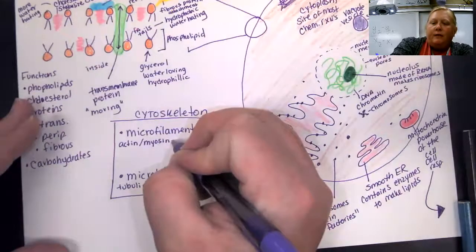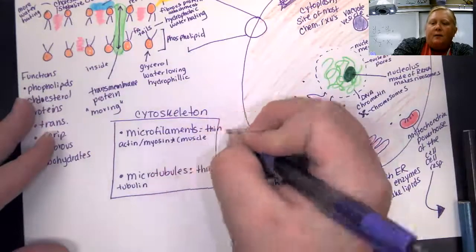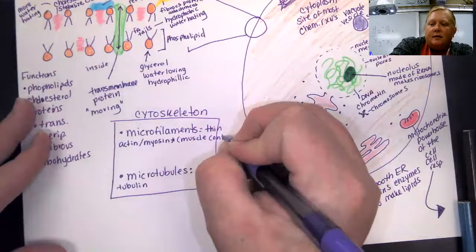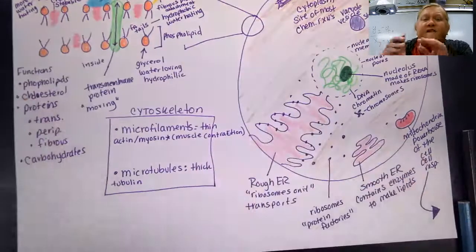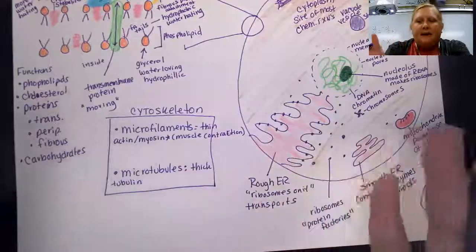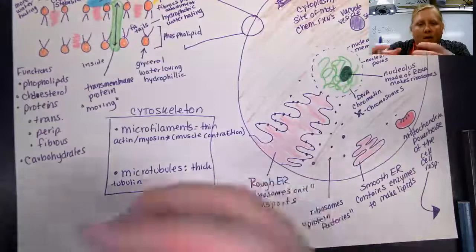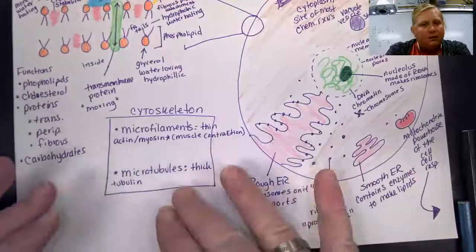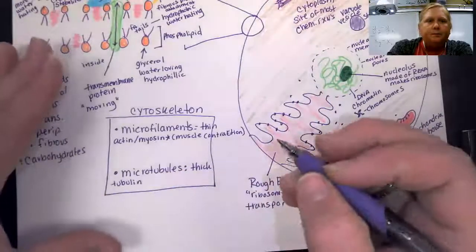These microfilaments are responsible for muscle contractions. So muscle cells are filled with actin and myosin. This is the thin stuff. These would be the small studs, where the microtubules would be your bigger beams.